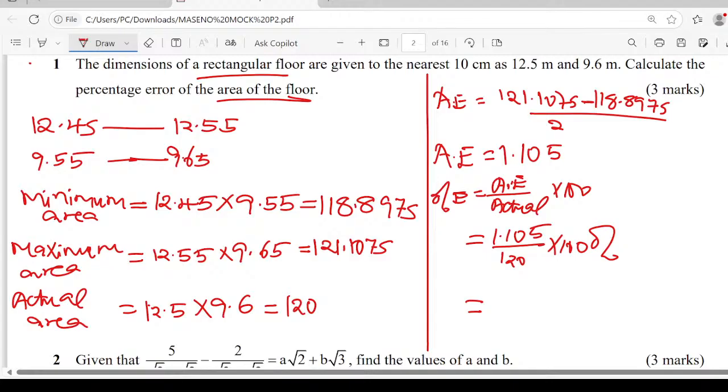When you do that, dear learners, have they said the number of decimal points? No. So your answer should be 0.9208.